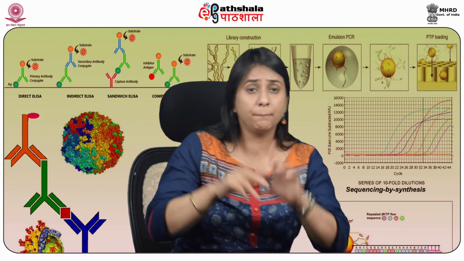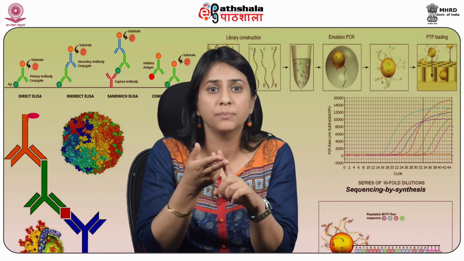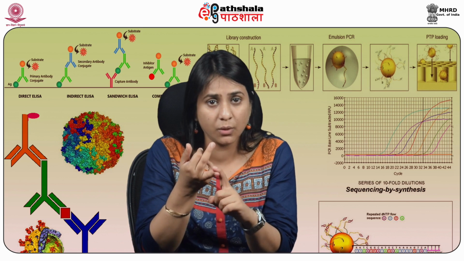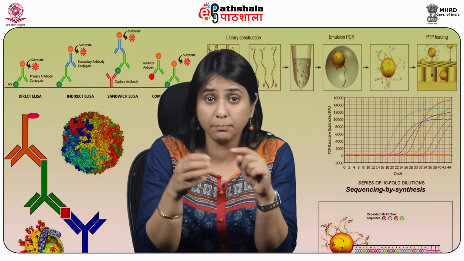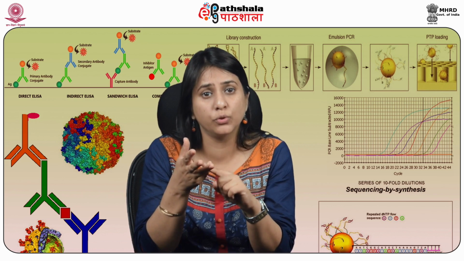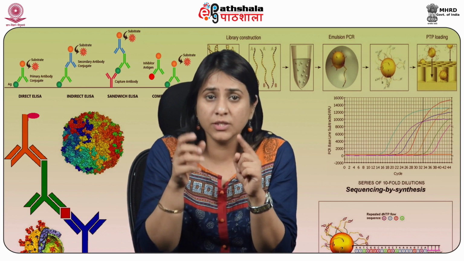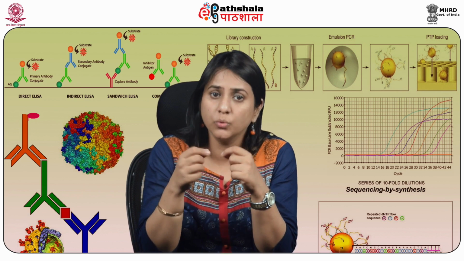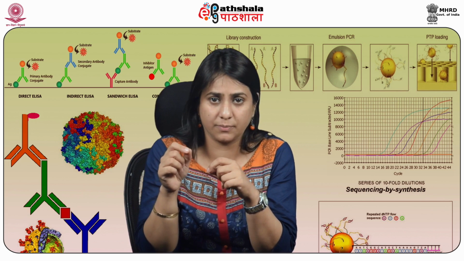In general, a PCR reaction mixture will contain 2 oligonucleotide primers, a target sequence, which is the DNA from which you have to identify that particular sequence, then dNTPs, that is deoxyribonucleotide triphosphates, which will be used as a substrate by the enzyme Taq DNA polymerase.